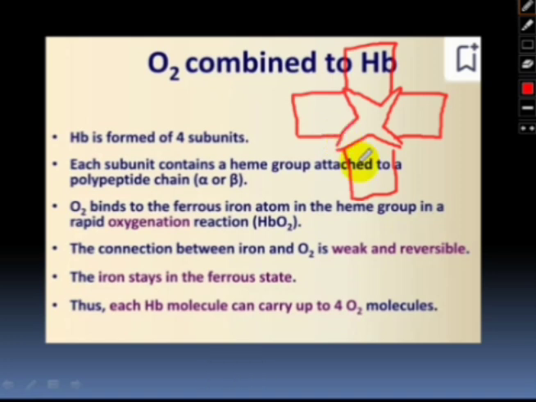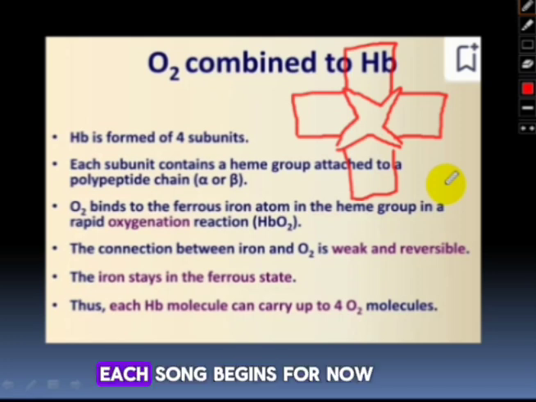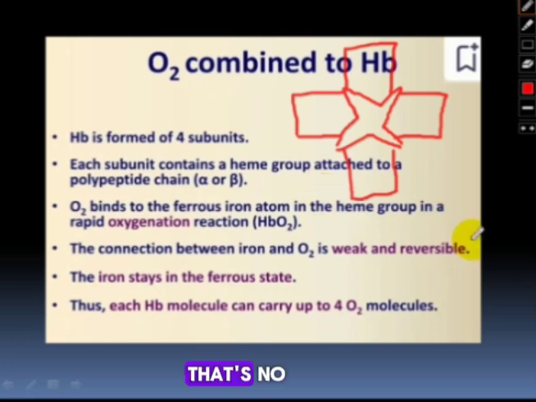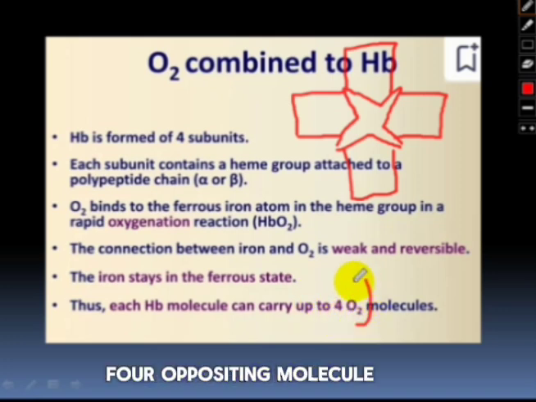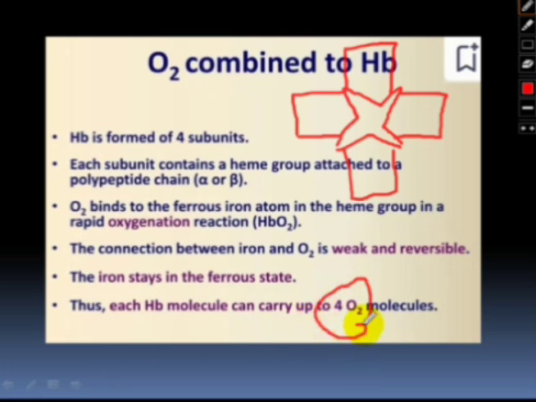Let's say this is the hemoglobin molecule. Each subunit will have alpha and beta chains. That's no news. But each hemoglobin molecule can carry up to 4 oxygen molecules.